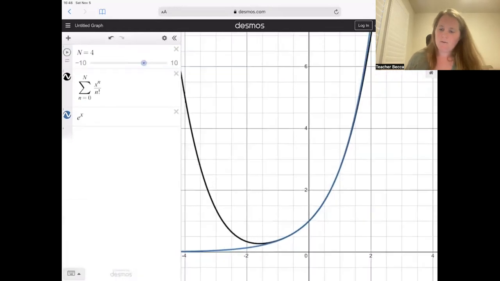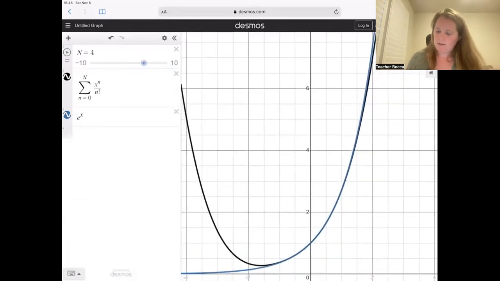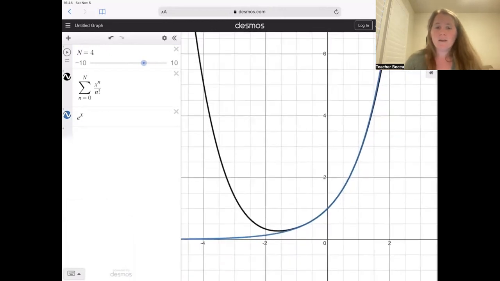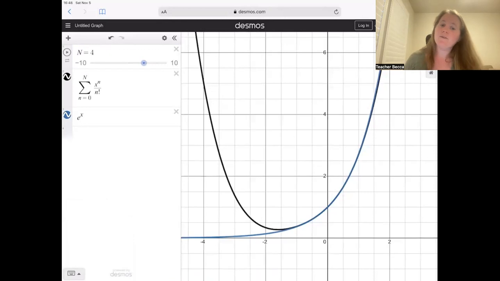And now look how close the function is all the way up to x equals, say, 2. On the right, e to the x looks very similar to that degree 4 Maclaurin polynomial. And we get pretty close to -2 on the left, up to about -1 or down to about -1.5. The functions look very similar.